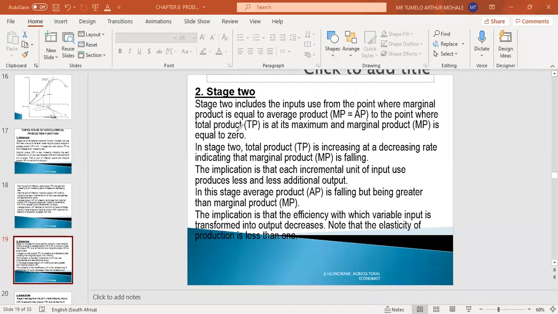So it means that TPP is at its maximum at a point where MPP is equal to 0. If they say calculate the level of X when the TPP is at its maximum, you are just going to take the MPP function, equate it to 0, and then solve for X. You will get the level of X when the TPP is at its maximum. Are we together?